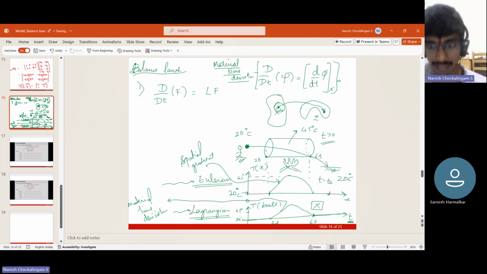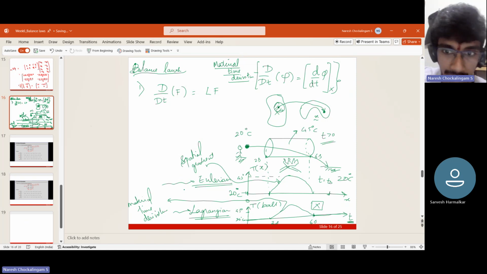So here when you take the slope of the evolution of some field with respect to time at a fixed material point, that is the material time derivative. And if you take a snapshot at a given time, and then look at how the field is varying at that instant at this point, that is the spatial gradient.